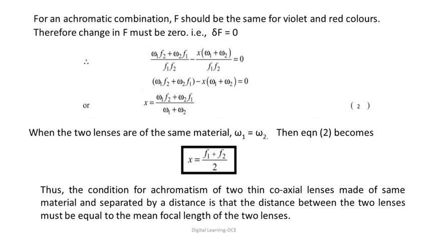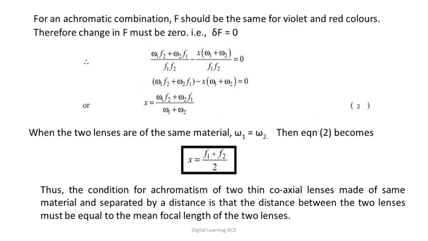That is, omega 1 f2 plus omega 2 f1 minus x times omega 1 plus omega 2 is equal to 0, or x is equal to omega 1 f2 plus omega 2 f1 by omega 1 plus omega 2.